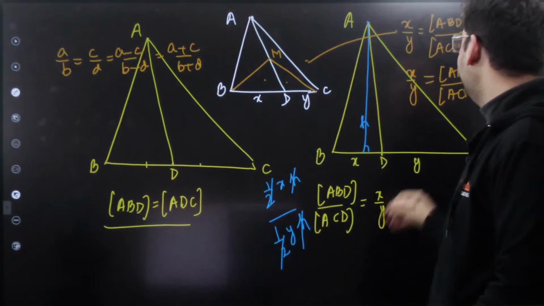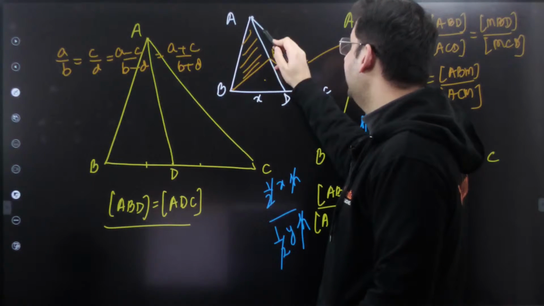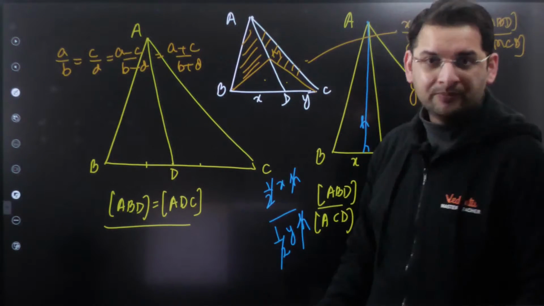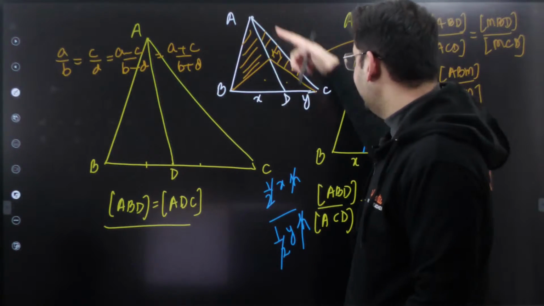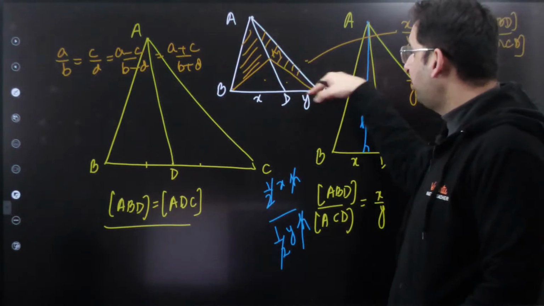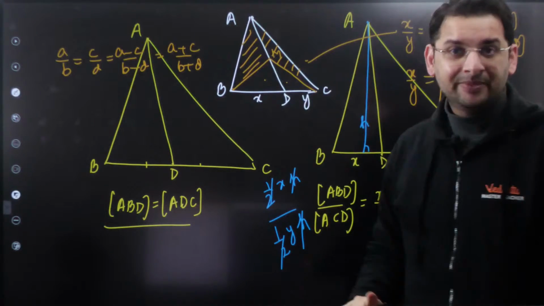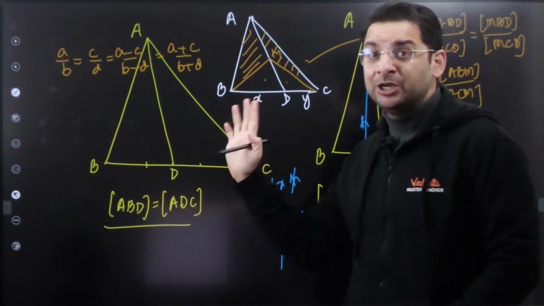So X upon Y is also the ratio of these two areas. I hope this is clear to everyone.